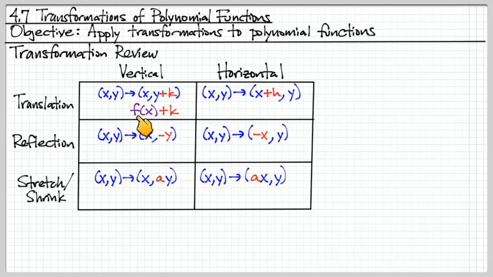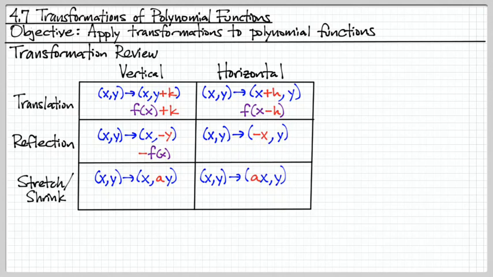For translations, f of x plus k is our translation rule, where we're moving up the function by k. When we want to move the function to the right, we apply the x minus h inside the function. To get a reflection, you can see from the mapping rule, minus y, so minus f of x.